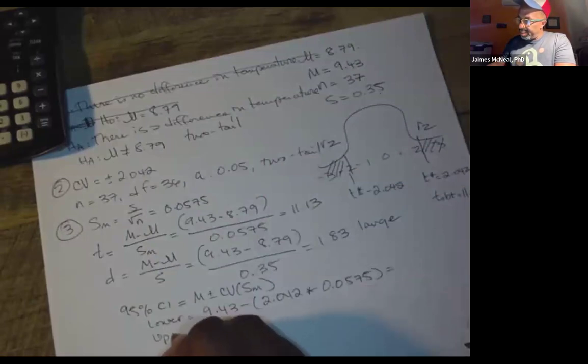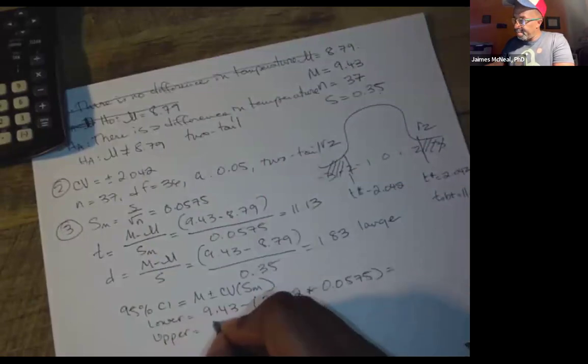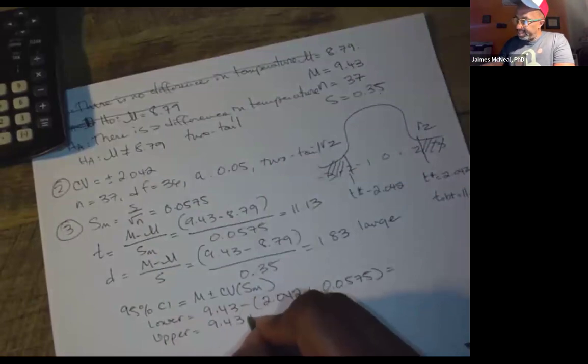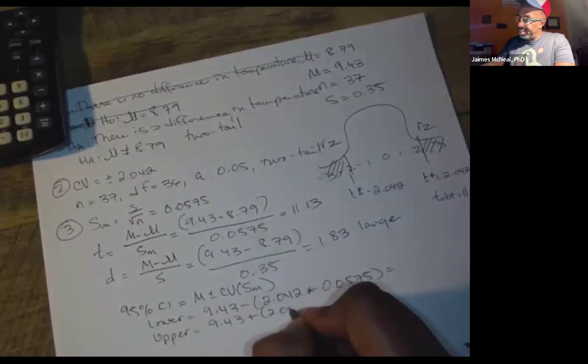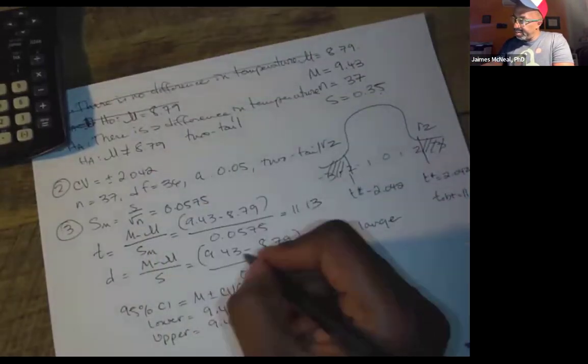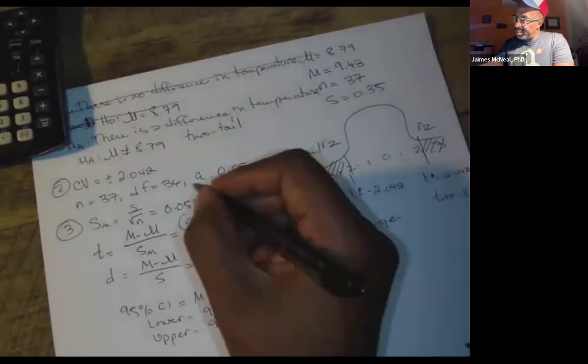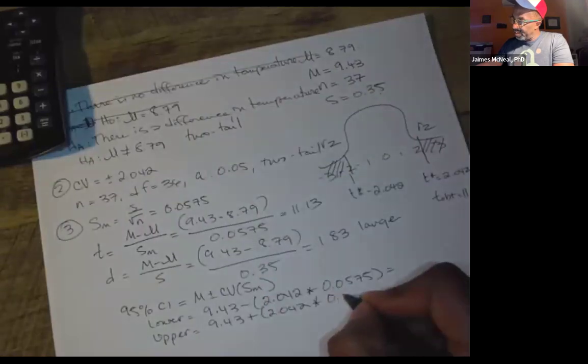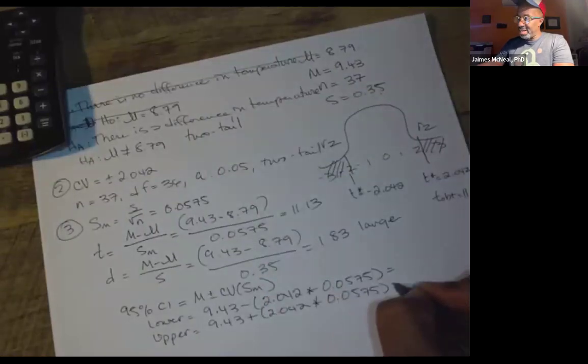The upper number is the exact same formula, except it's 9.43 plus 2.042, which is the critical value, times the standard error, which is 0.0575. But you can see this pattern right here.